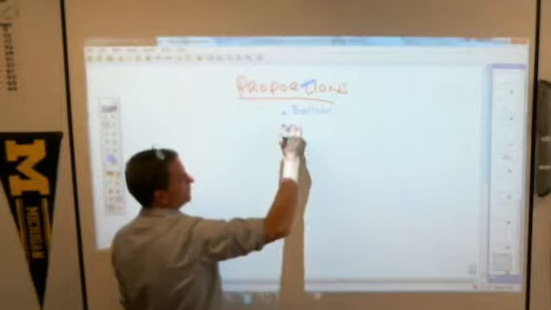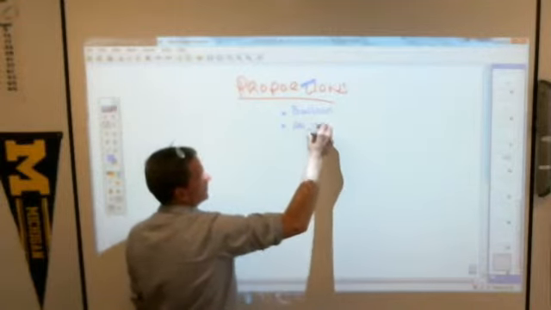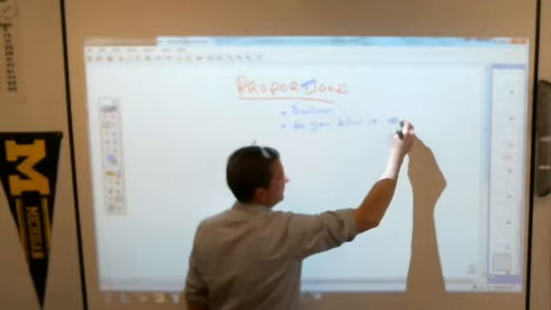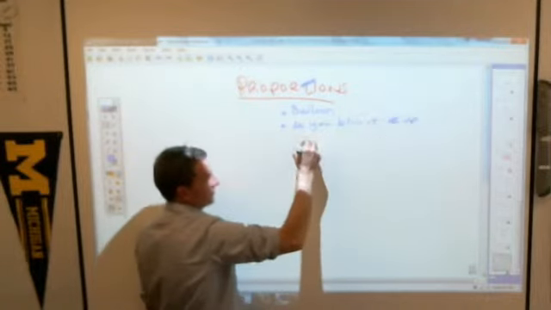As you blow up a balloon, the sides grow proportionately.